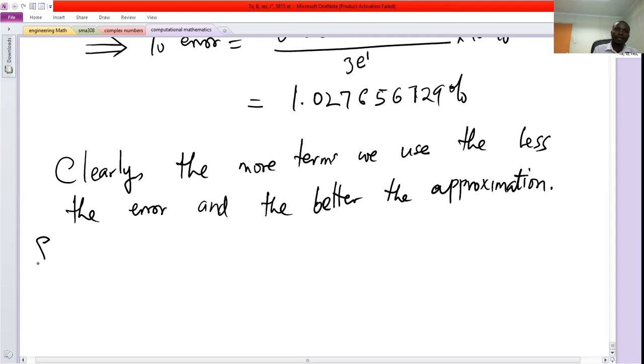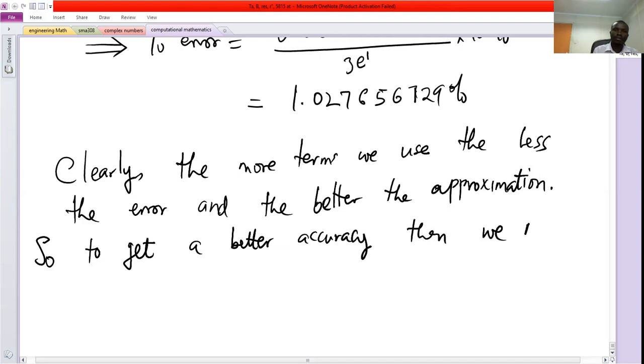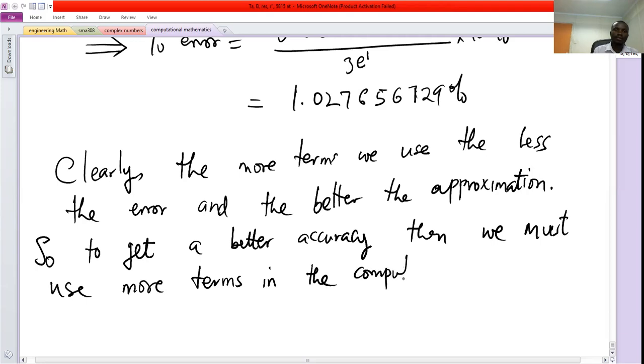So to get better accuracy, we must use more terms in the computation. So that's what we have. Thank you.